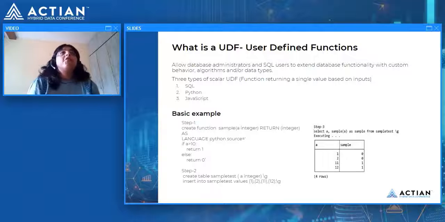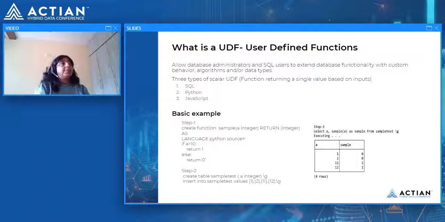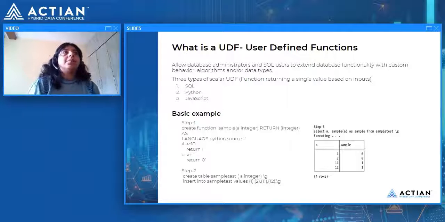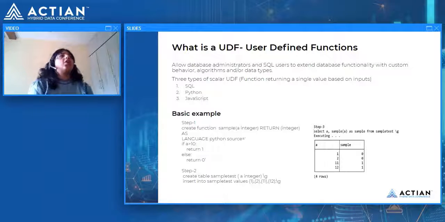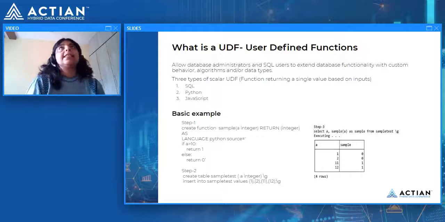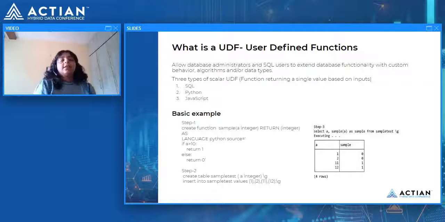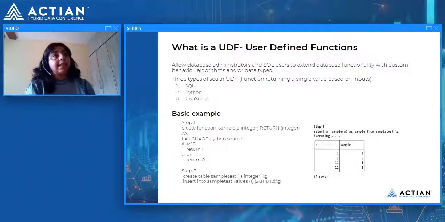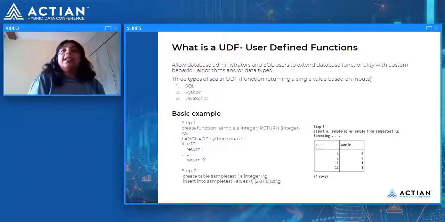There are a number of mechanisms which fall under this umbrella, like SQL, PSQL, and then custom UDFs. That is, you write some code in a language which is already there, which can extend the functionality of the database. The code could be written in any language like C, C++, Java, Python, and you can just extend the functionality.